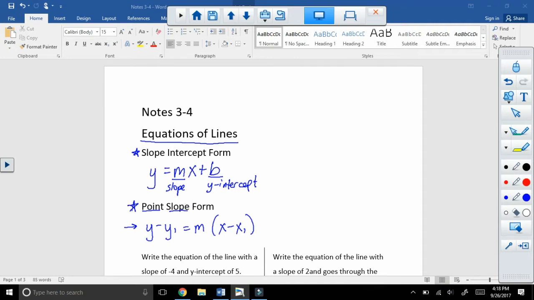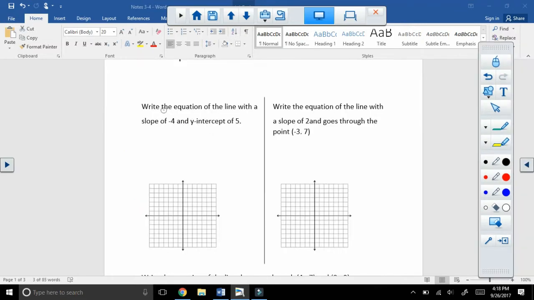So let's get to some examples and I'll kind of show you what we're going to be doing. For this example here, it simply says write the equation of the line with a slope of -4 and a y-intercept of 5. So when they give you those things, you can simply plug them into slope-intercept form and write that y equals -4x plus 5.